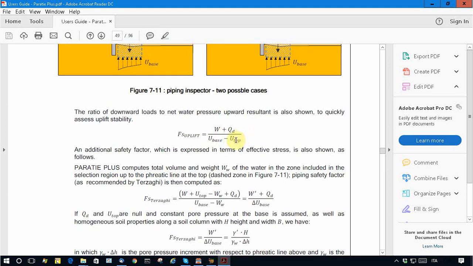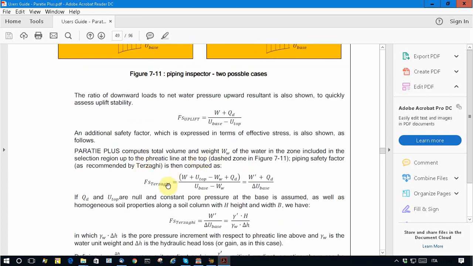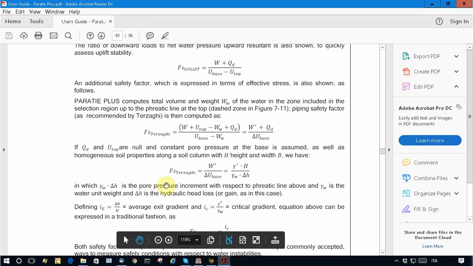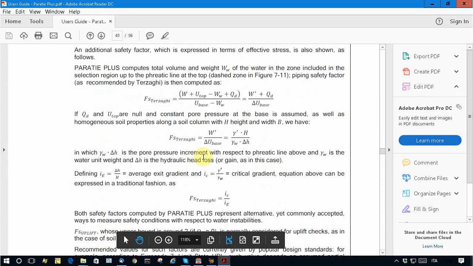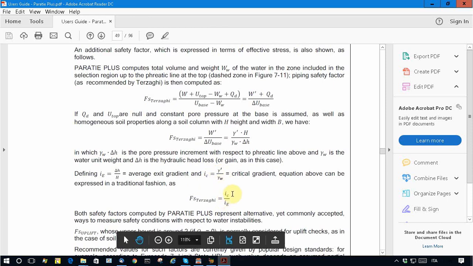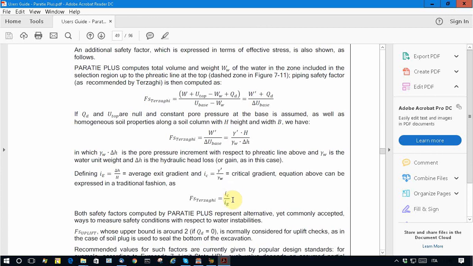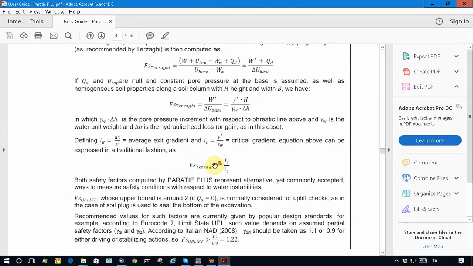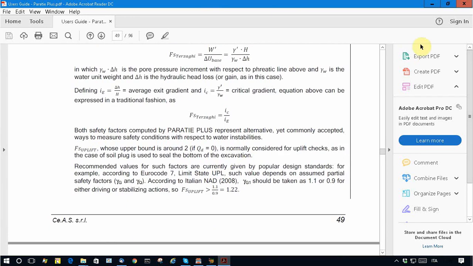That is the ratio recommended by Eurocode, whereas the Terzaghi factor is essentially a ratio expressed in terms of just effective stresses. Normally this ratio reduces to the calculation of the exit gradient, being the ratio of the critical gradient with respect to the exit gradient. The details are contained here, and the Terzaghi safety factor must normally be more than 3.